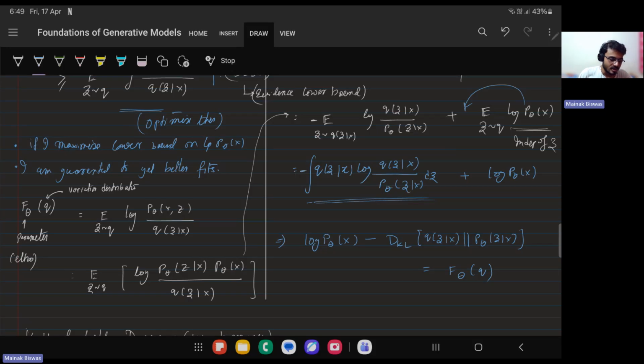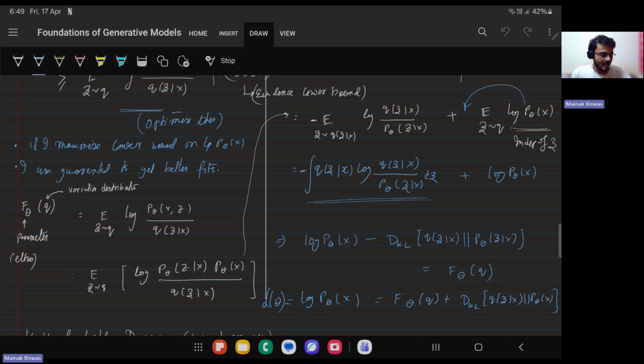That's what I wrote. So now I can say that log p theta of x, which is the likelihood function L theta, is equal to F theta of q plus D KL of q of z given x and p theta of z given x.